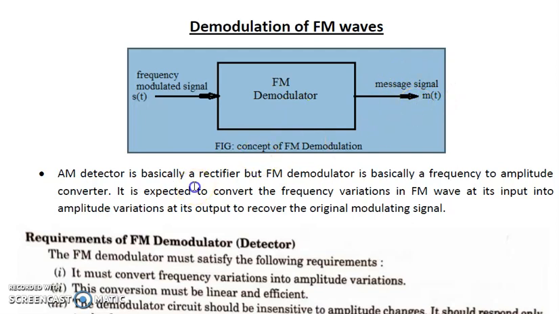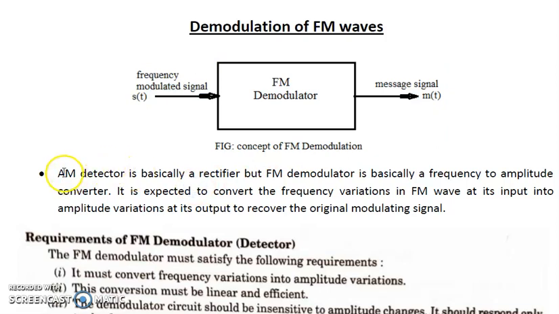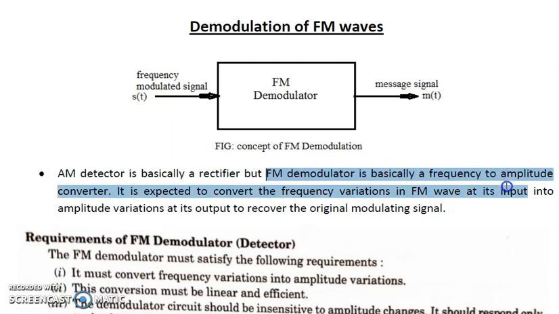Now, what is the difference between AM detection and FM detection? AM detection is basically a rectification, while FM demodulation is basically a frequency to amplitude conversion. What does an FM demodulator perform?